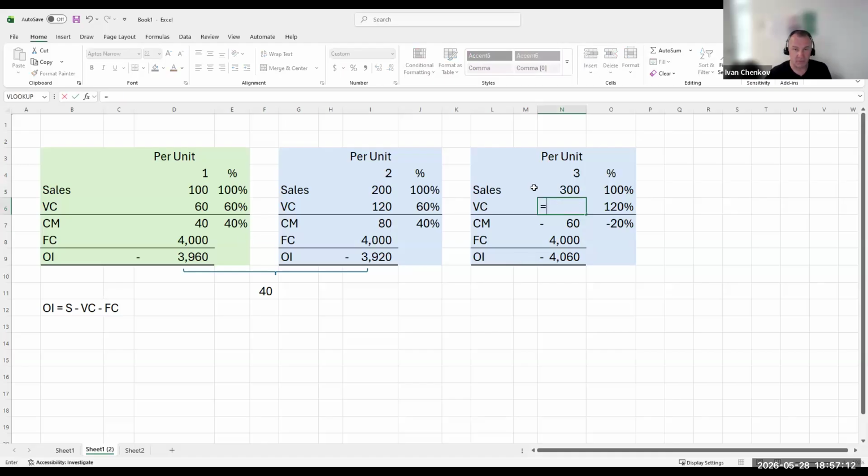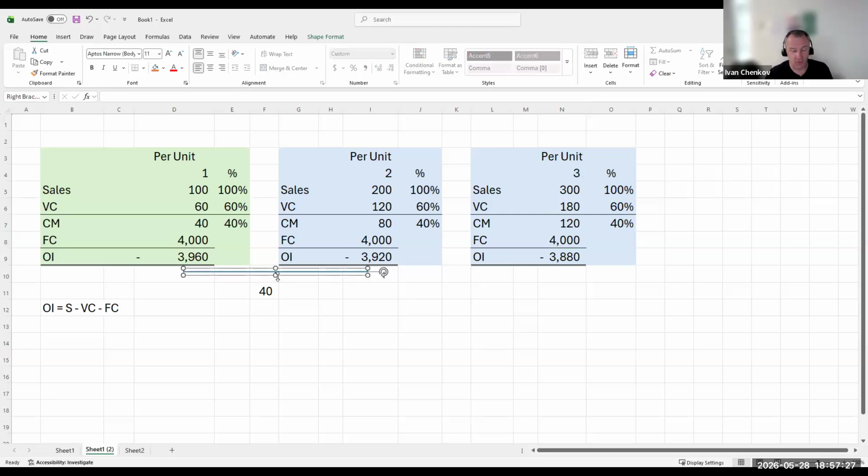My variable cost will be 3 times $60. So my contribution margin is 120. Fixed cost stays the same, they're not going to change.